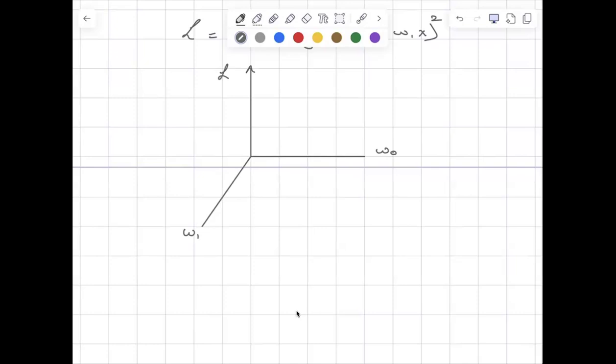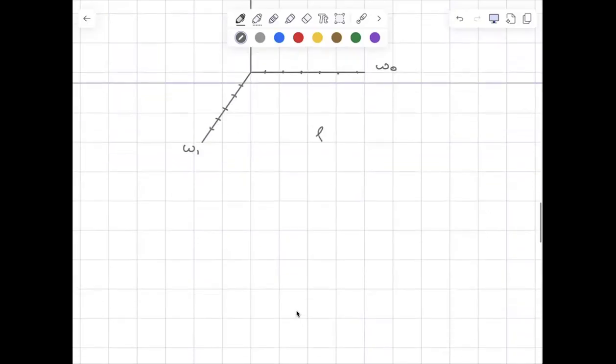So we have a closed form solution. We can calculate the minimum value of L for W0 and W1. But to visualize the surface, I need to calculate the value of L for all values of W0 and W1, right? So I can list out different values of W0 and W1, and I can put in two for loops, right? So for I in the W0 range, and then for J in the W1 range, I can calculate the L, right?